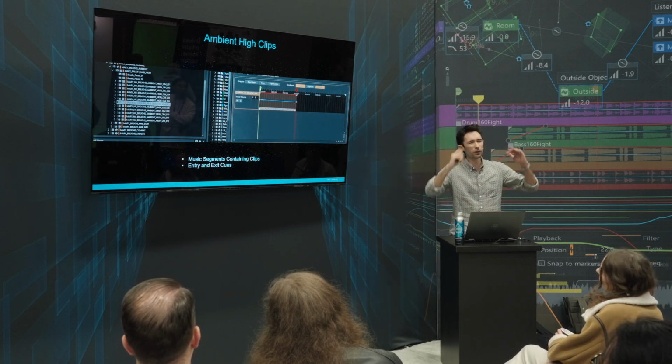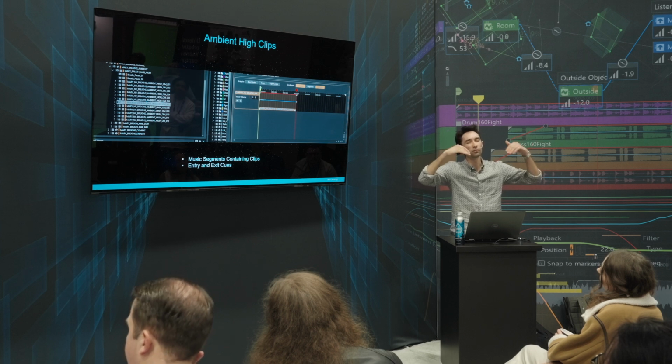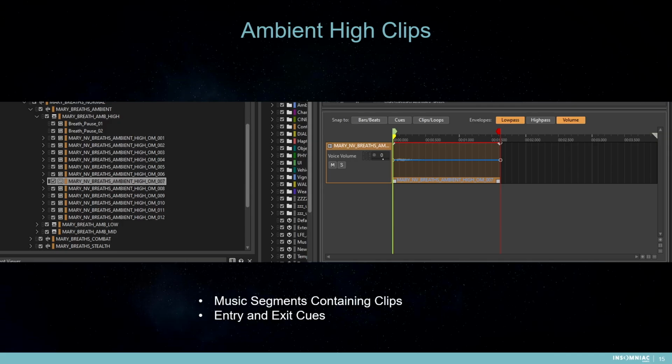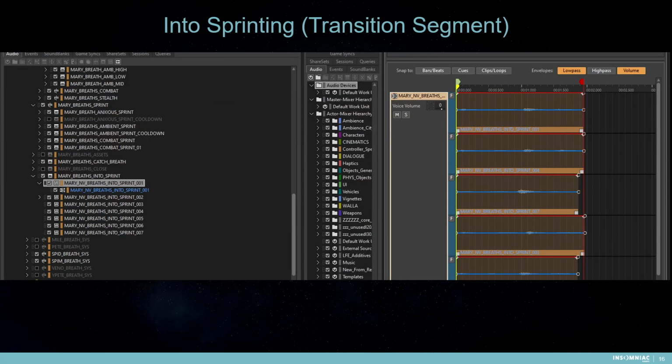Now that we've talked about how we're randomly and continuously playing these assets, we're going to go into one of the transition segments that we were describing in the beginning, which is how we move from one breath type to another breath type. The one that we're going to talk about is into sprinting. This is basically saying, no matter what you're doing, if you go into sprint, this transition segment is going to play as a lead-in or a ramp-up into sprint.